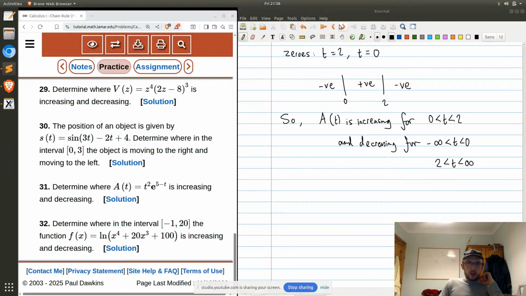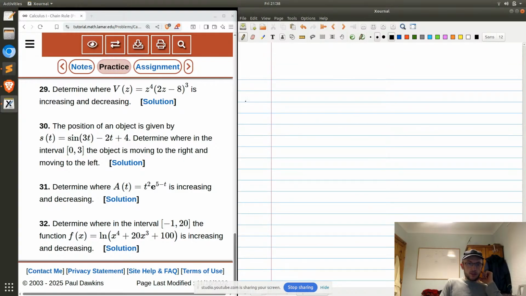Problem 32. Problem 32. Determine where in the interval -1 to 20 inclusive the function f of x equals ln of x to the 4 plus 20 x cubed plus 100 is increasing and decreasing.